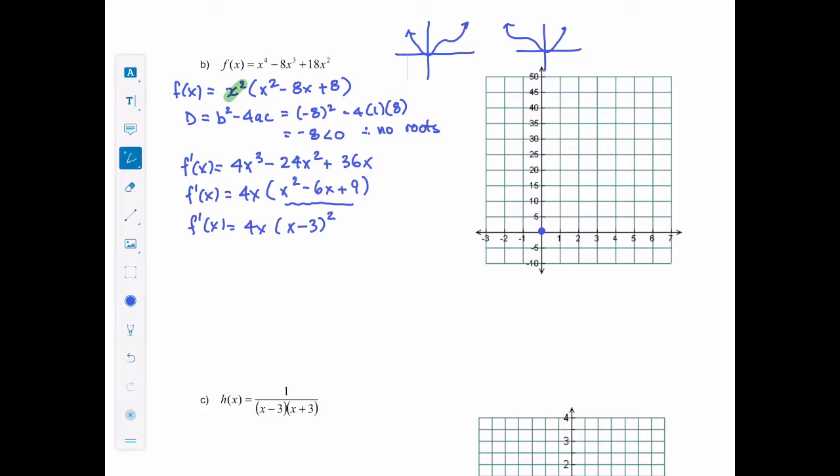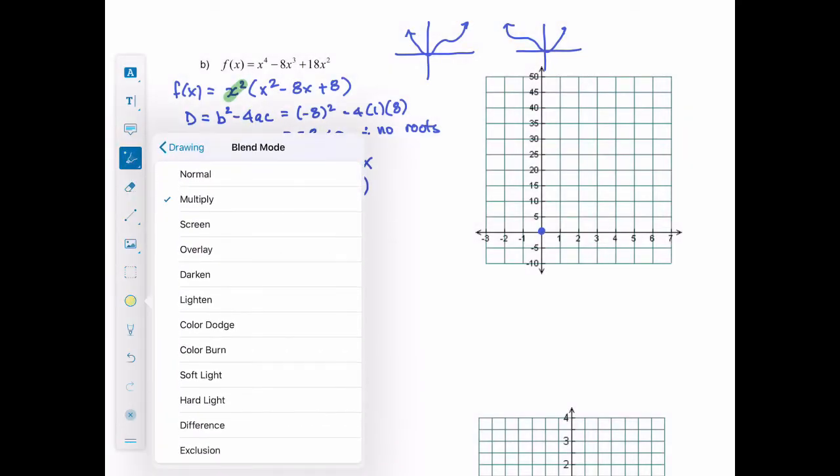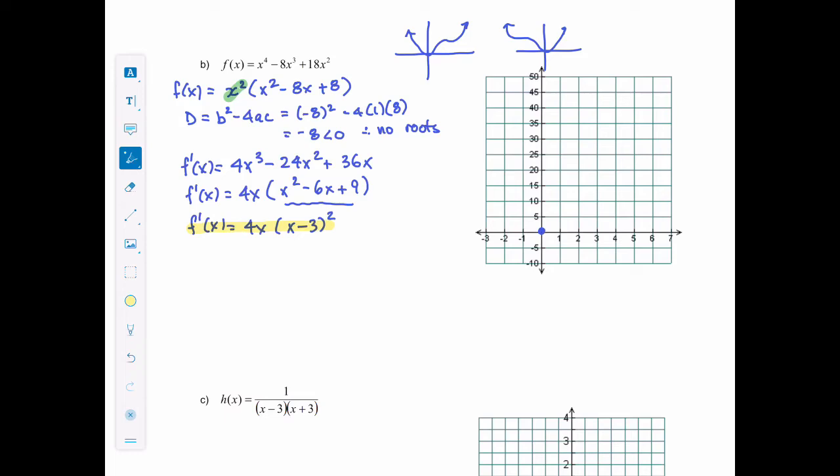So the next thing we got to do, let's highlight something here. We're going to highlight that. That's important, right? That's our new working function that we're using for all the calculations.